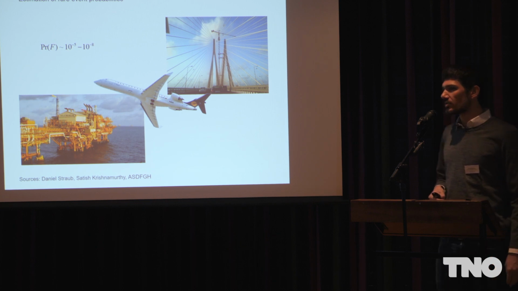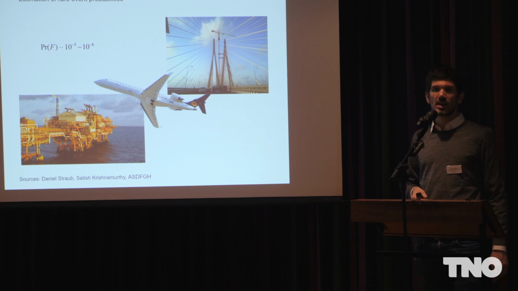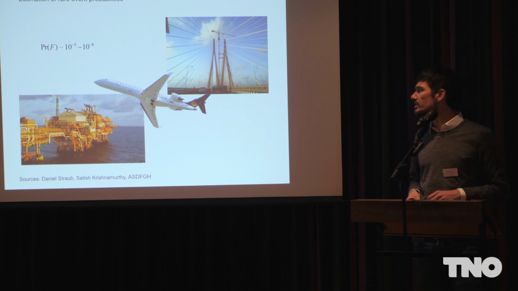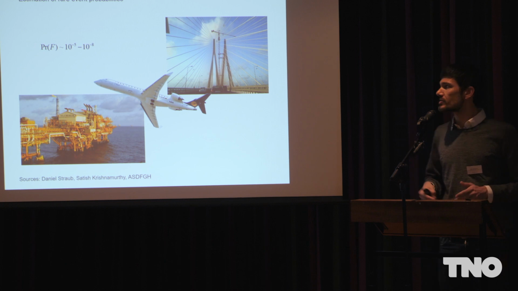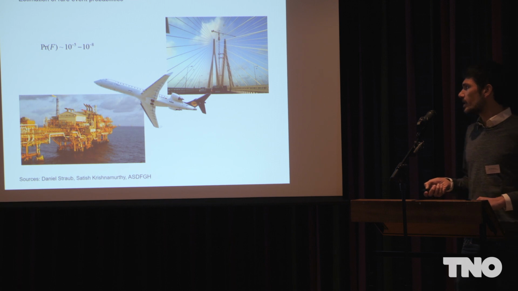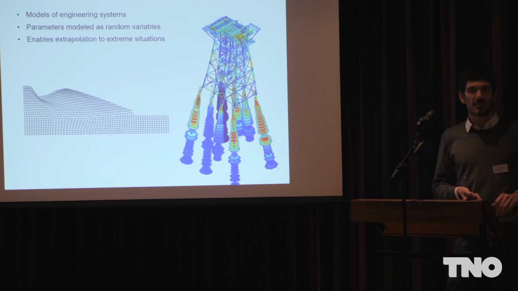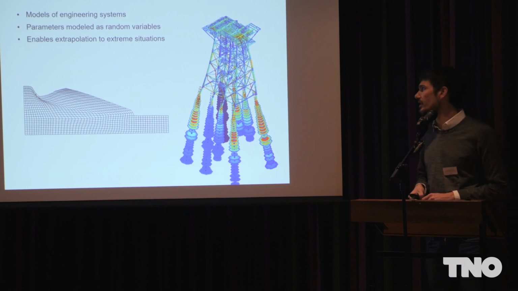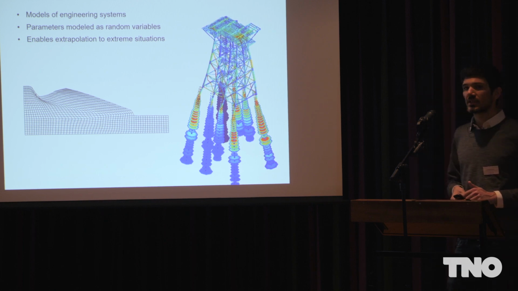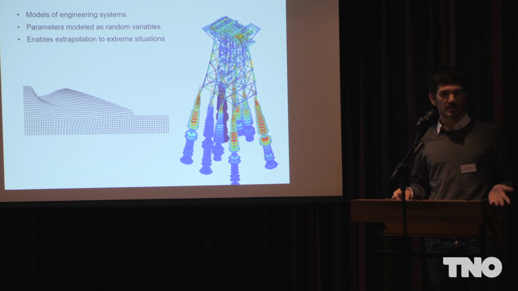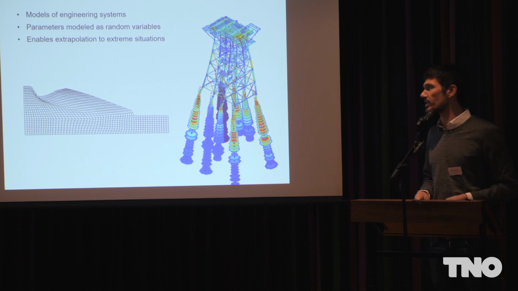So when designing or assessing such systems, we need to be able to estimate probabilities of failure that range from 10 to the power of -5 to 10 to the power of -8. However, typically we don't have any data on these rare event regimes. So what we need to do is to somehow extrapolate in order to evaluate this probability.